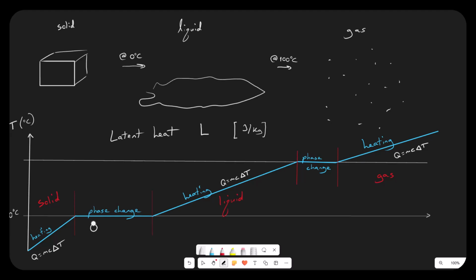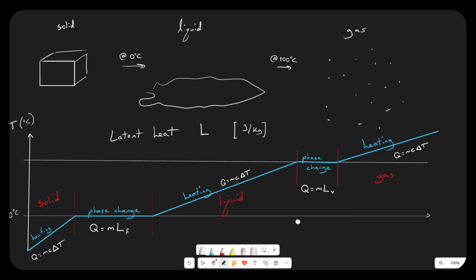We're going to have Q equals a mass times a latent heat. And over here, Q equals a mass times the latent heat. Now we just need to talk about what these are. This one is going to have a latent heat of fusion. That's the one that deals with the phase change between solid and liquid. And this one's going to have a latent heat of vaporization.